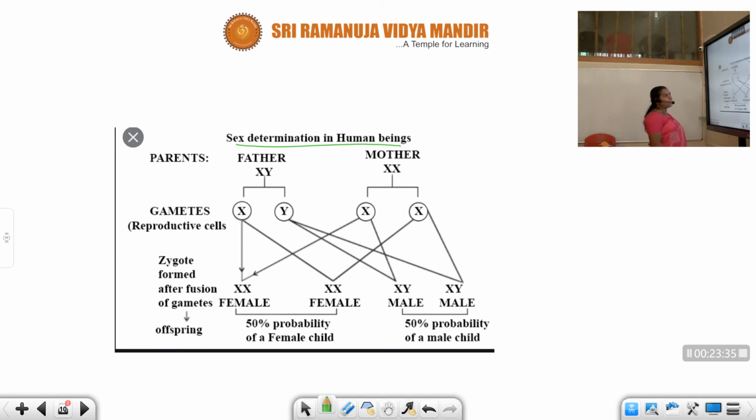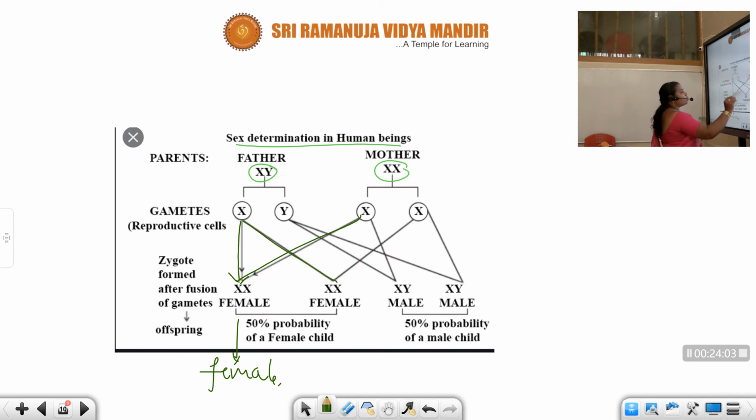Let us see the sex determination in human beings. The father has the condition of XY, whereas the mother has XX. X, Y from the father and XX from the mother. If this X combines with this X, we'll get a female.